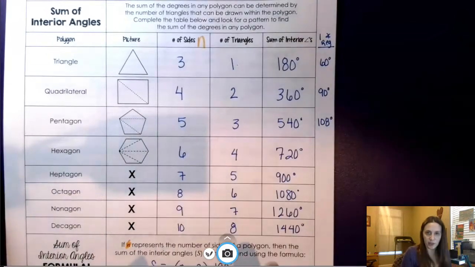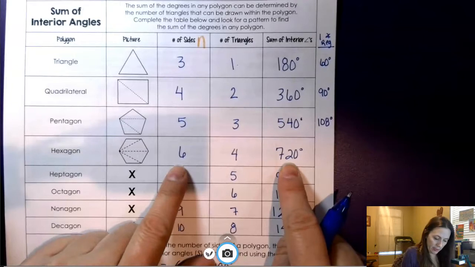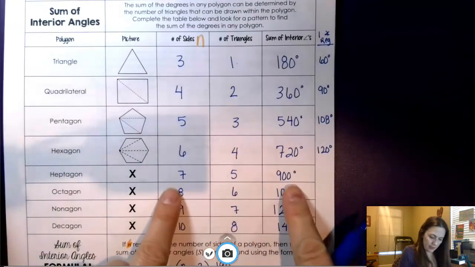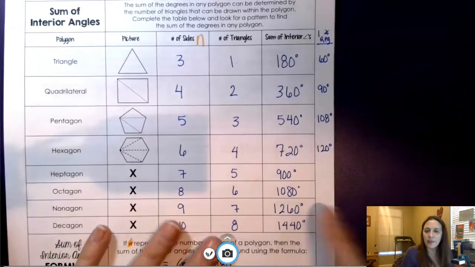So I can take each number and divide it by that: 720 divided by 6, I'm going to get 120. This one does not work out evenly, but that's what I have to do.